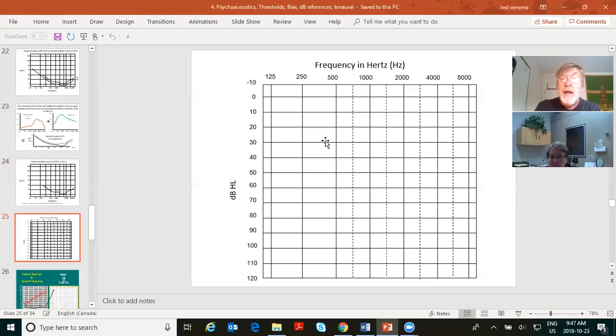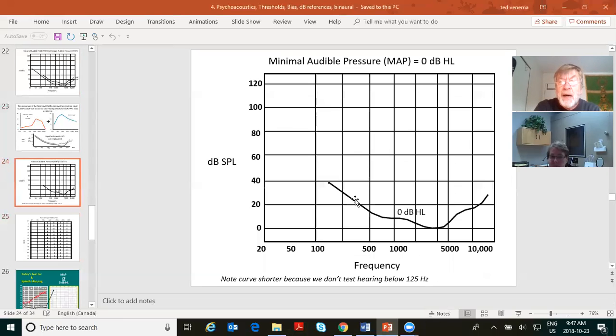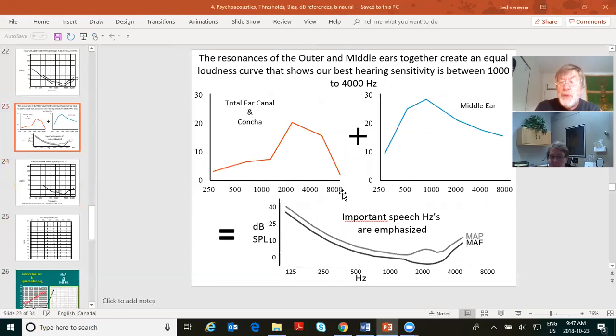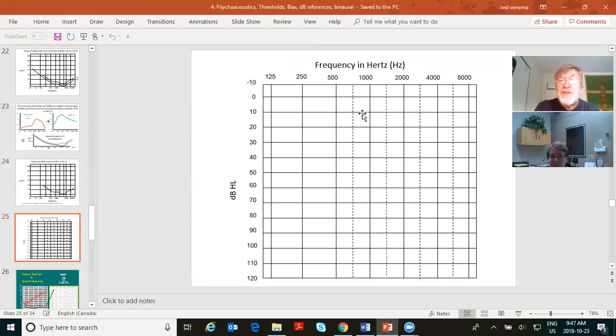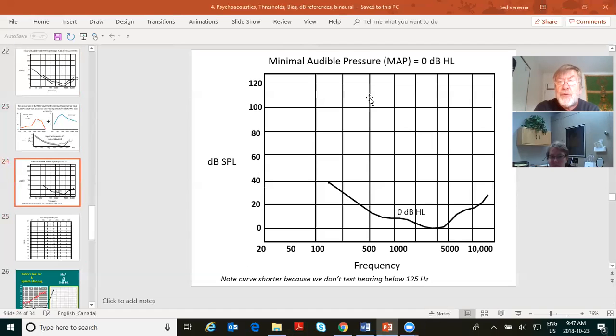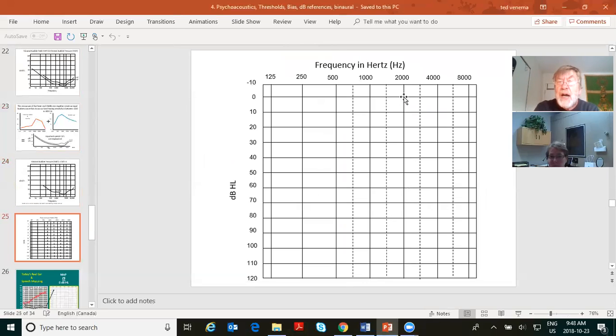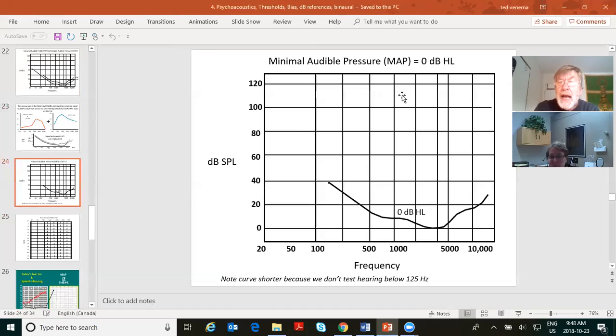And 0 at 250, right where my cursor is, that really is about 25, 30. And 0 at 1,000 is actually about 10. And 0 at 2,000, right where my cursor is, is actually about 5. Whatever the differences are, don't memorize the numbers.